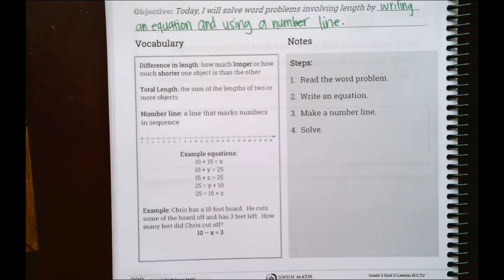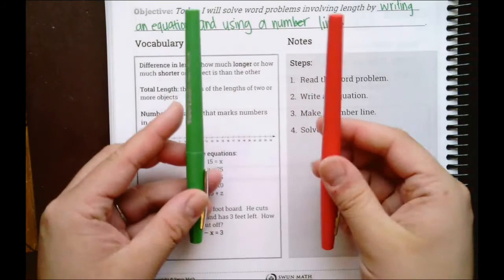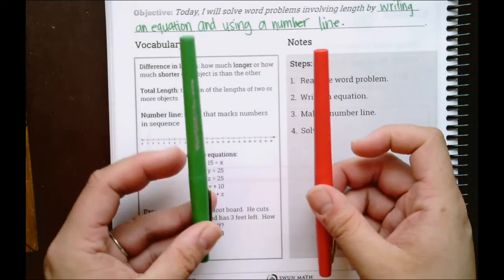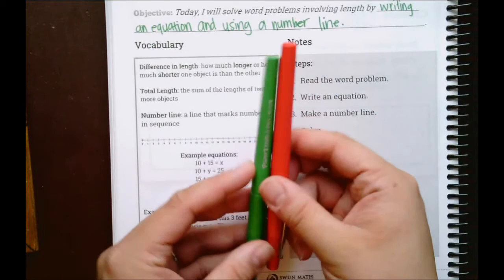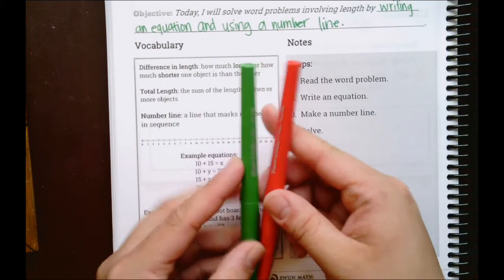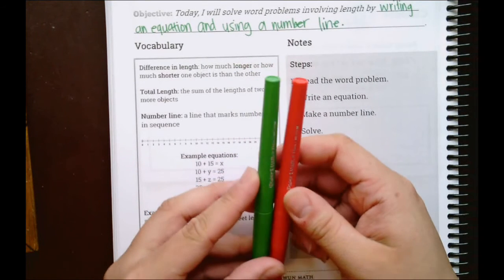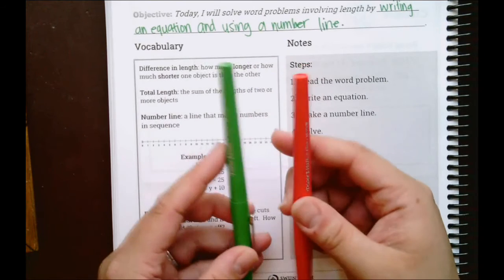We haven't been doing this much yet. We've been mostly looking for the difference, correct? So today we're going to start to see when we're combining two lengths. If this one was 7 and this one was 7, and we're combining them, what math function are we using? Addition, correct? So we're going to use 7 plus 7 is 14.